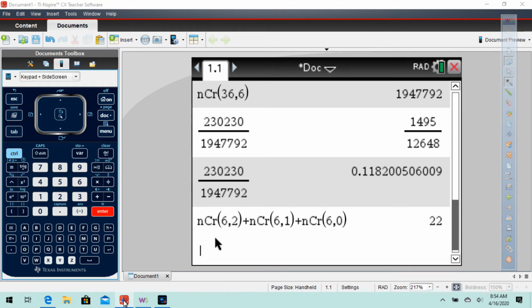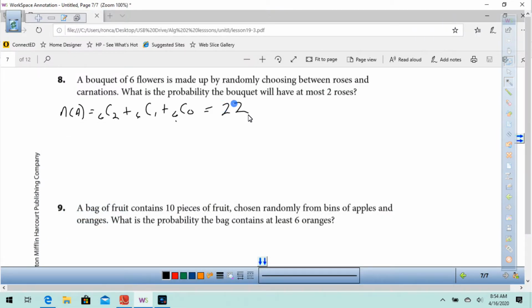And that gives you 22. Now, at most 2 roses means the probability R is less than or equal to 2, which is 0, 1, or 2, which is why we have to do all 3 of these.